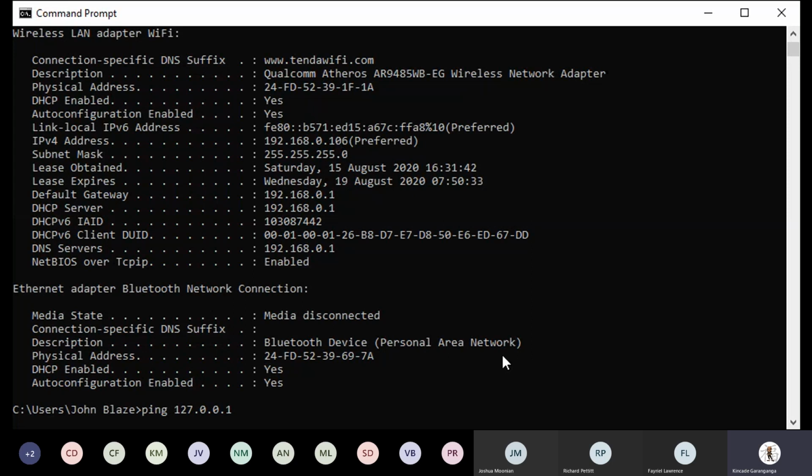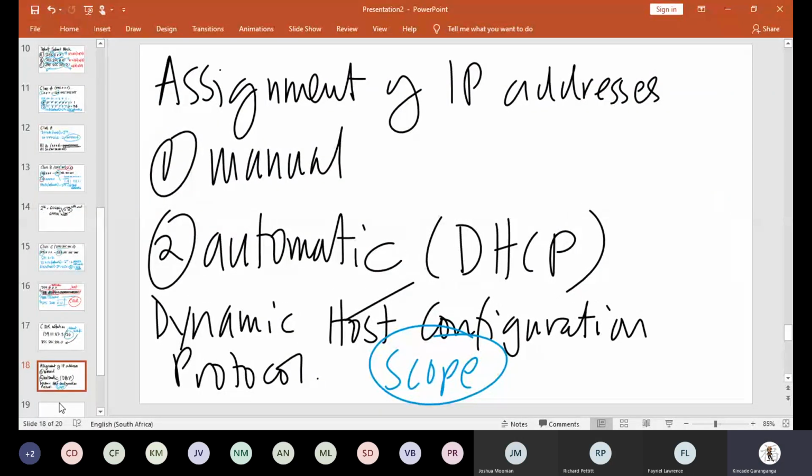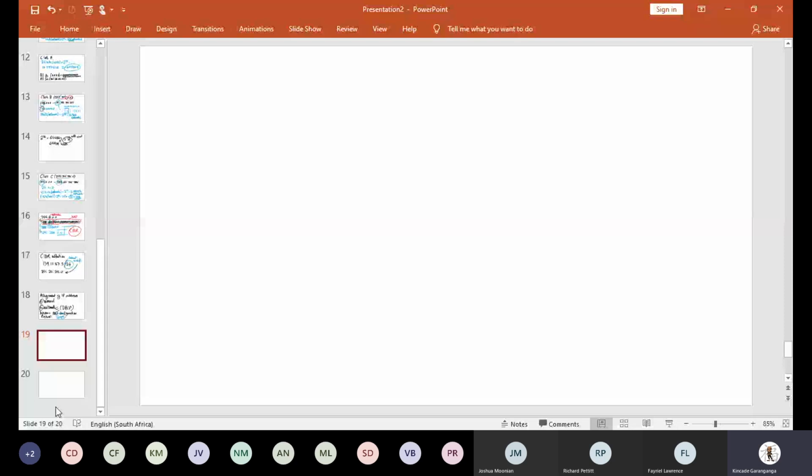So let's just go back. 168.0.102. Let me see if I can stop sharing that, and then go back to our PowerPoint presentation. And then I think, yeah, so the IP address that this machine is sitting with is 192.168.0.106, right? If you remember.